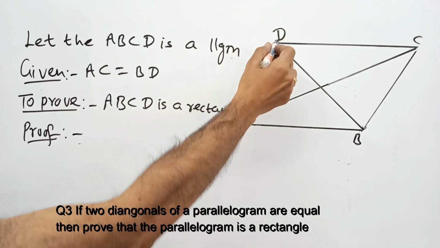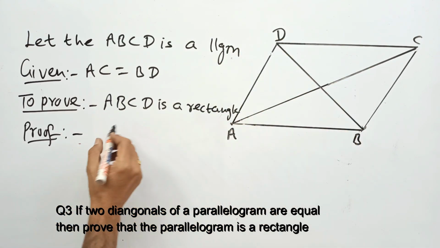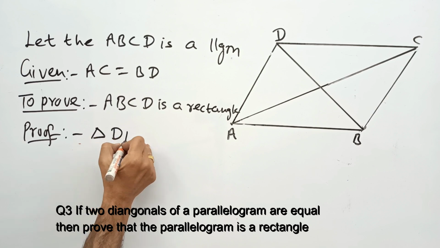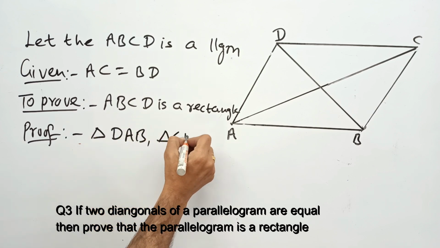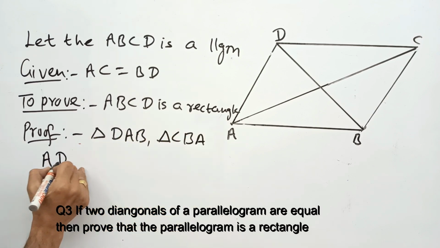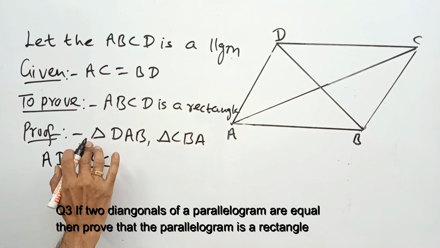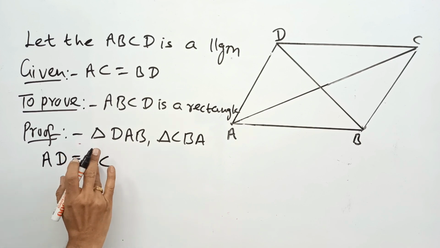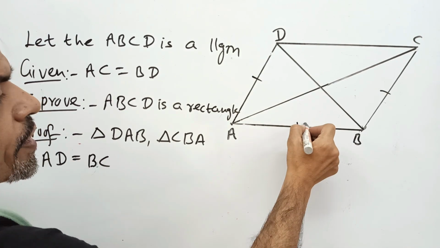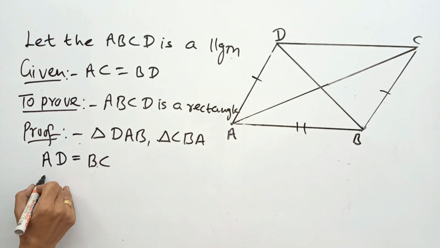Let us consider triangles DAB and CBA. AD equals BC because opposite sides of a parallelogram are equal, and AB and BA are common.